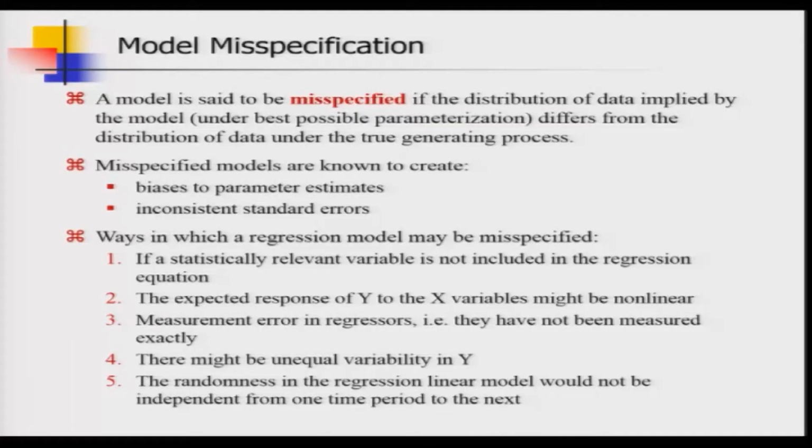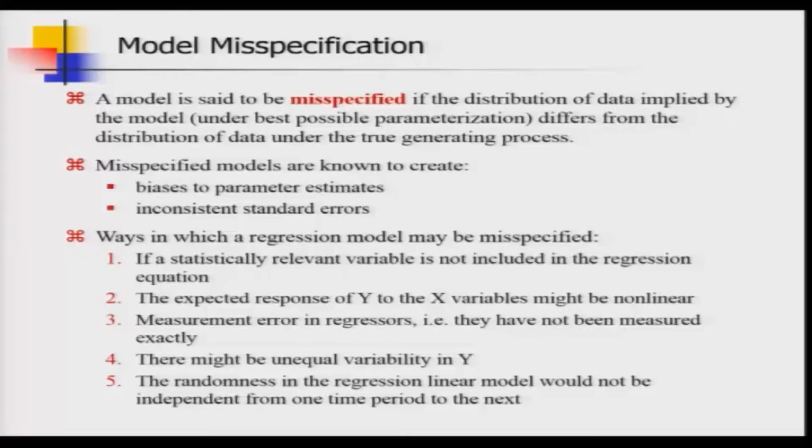So, why are we so worried about misspecified models? What is the big deal if some of the assumptions that we made are not fulfilled by the data? Model misspecification errors can create havoc in your regression analysis, and the inferences that you draw out of your model can all be wrong depending on the magnitude of the misspecification error.